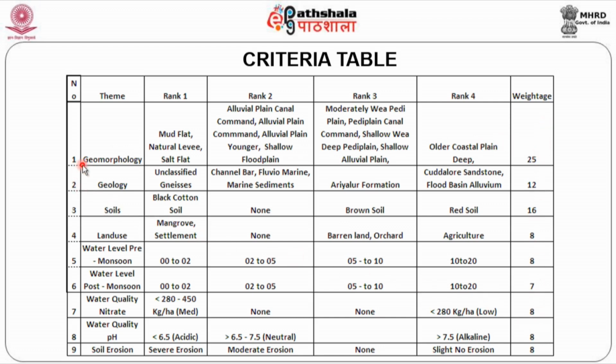We presume that a particular layer, irrespective of the name, contributes about 25%, 15%, 10%, 5%, 1%, 2%, whatever it is. Depending upon the importance or contribution level, I give the weightage. So please understand very well: ranking is within a layer, weightage is amongst the layers.